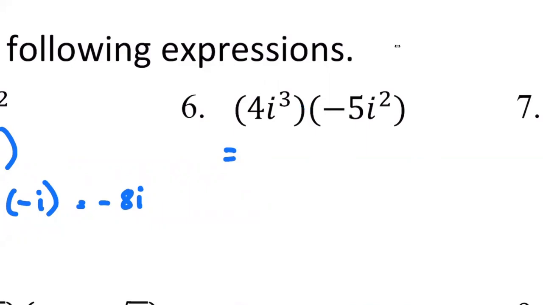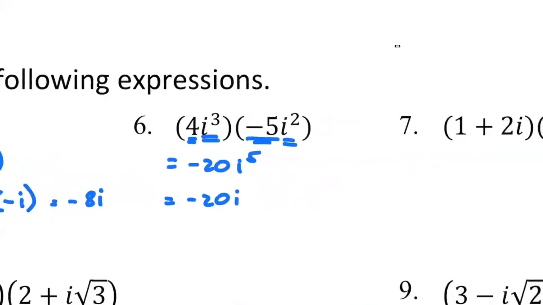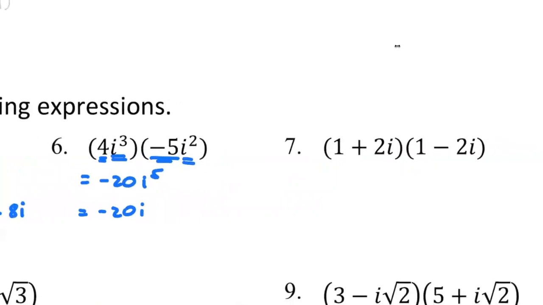That's why we have two sets of parentheses here. So 4 times negative 5 is negative 20. And then i cubed times i squared is i to the 5th power. i to the 5th power is the same thing as i to the 4th power times i, which is simply i. If you watched the last video, you know that i to the 5th power should equal i. Okay, so that's really it.